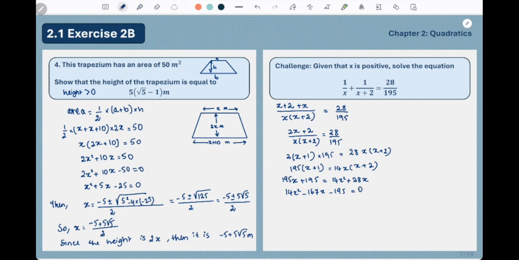So we can get it onto this form, because we cannot apply the quadratic formula yet unless we get it in this form. Now I've gotten it in this form, I can basically apply it.